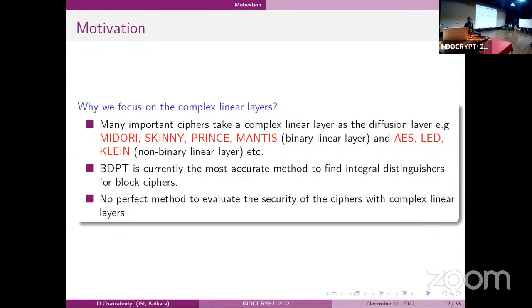There the unknown parts are produced. So how to model that? Yeah, bit-based division property without unknown subset is actually equivalent to the parity set concept as well. Okay, but how to model this for finding integral distinguishers for block ciphers? Okay, I don't think I'm convinced. So, okay, let's discuss it later.